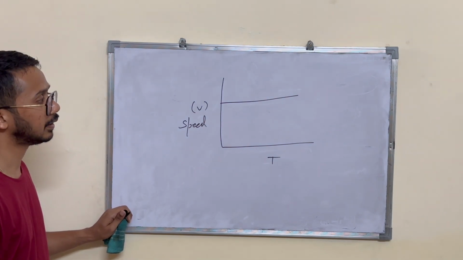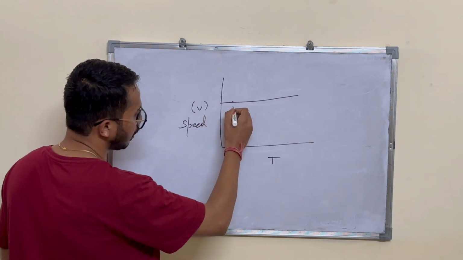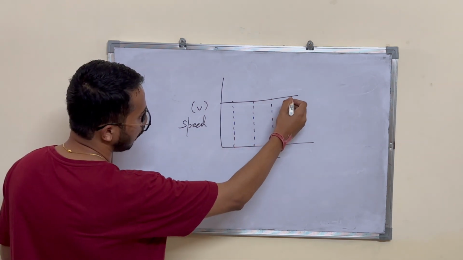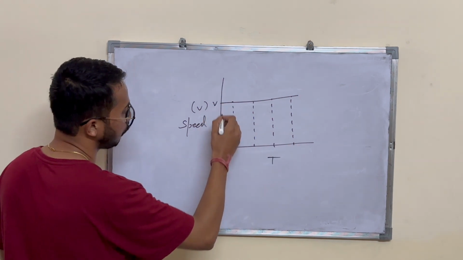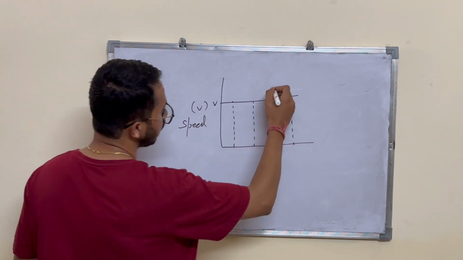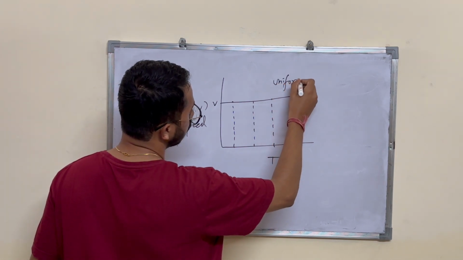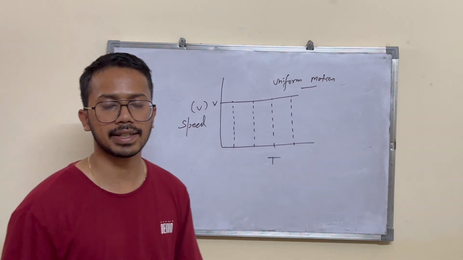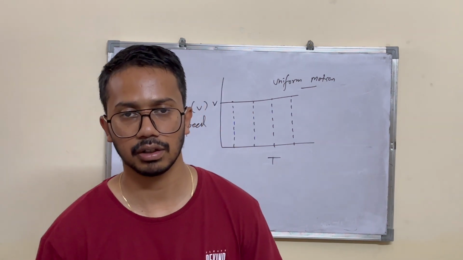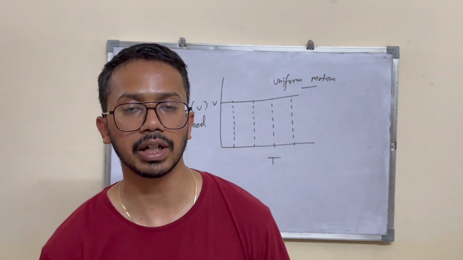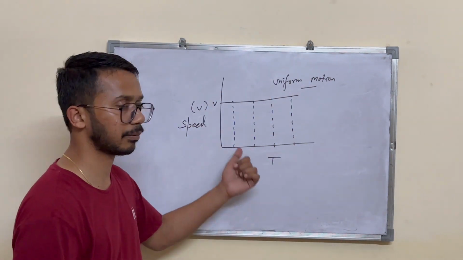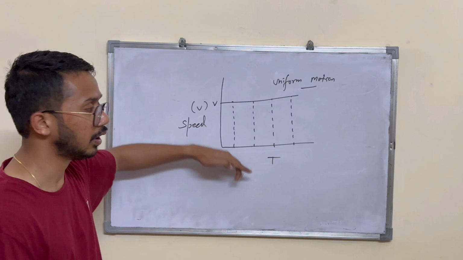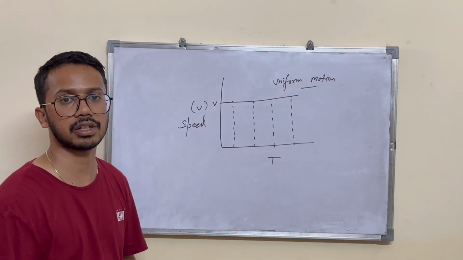This implies that the object has exactly the same speed at every instant of time, let's say v. So the object is in uniform motion. Even if you write uniform, non-accelerated or unaccelerated motion, it will remain the same answer. So if the line is parallel to the time axis and the graph is a speed time graph, the object is in uniform motion. If it is a distance time graph, a parallel line represents a stationary position.